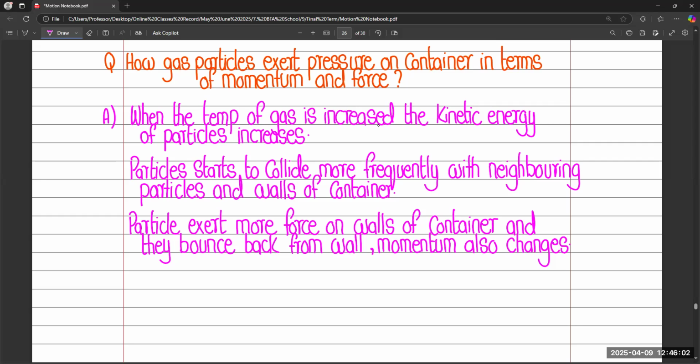And the rate of change of momentum is equal to force.